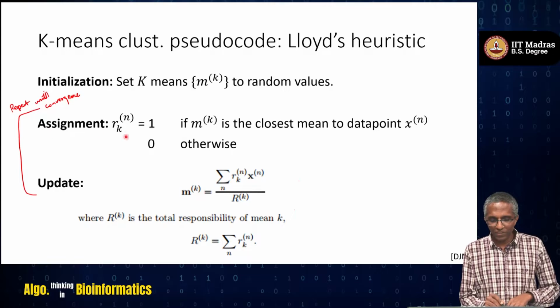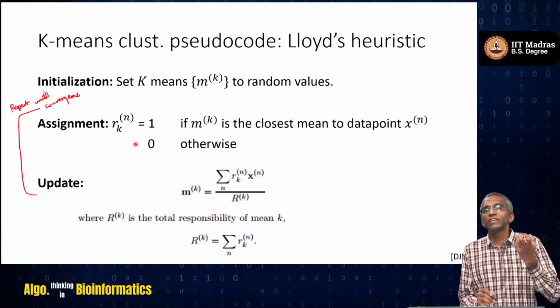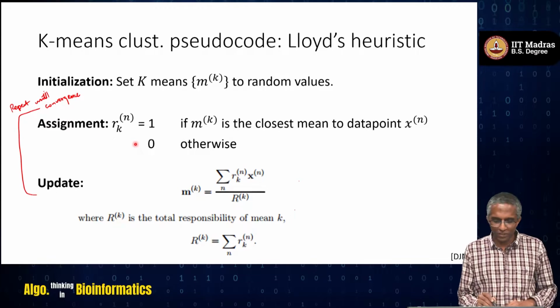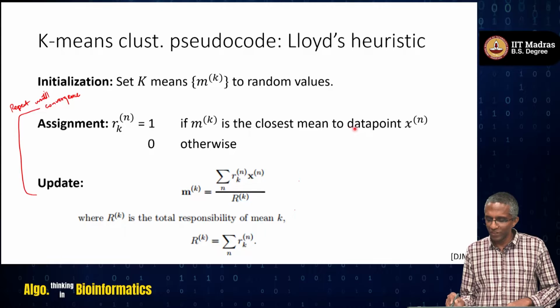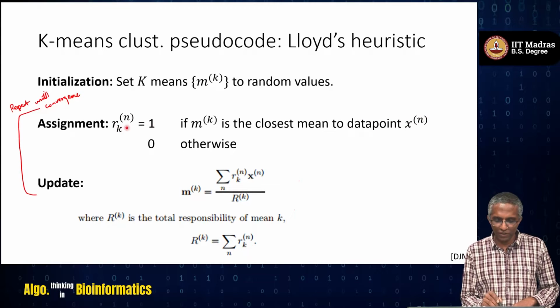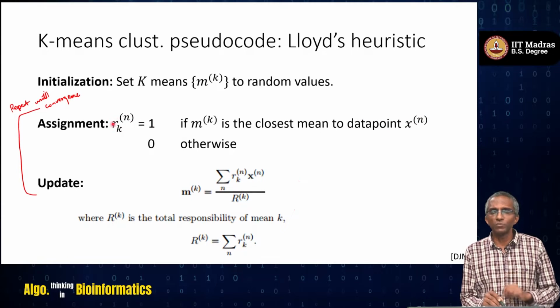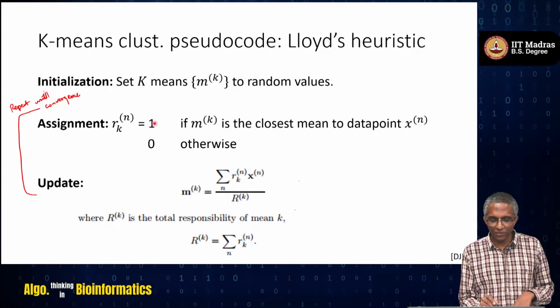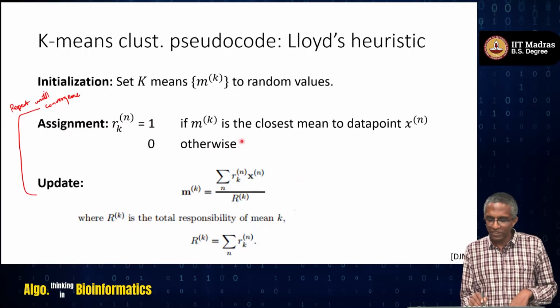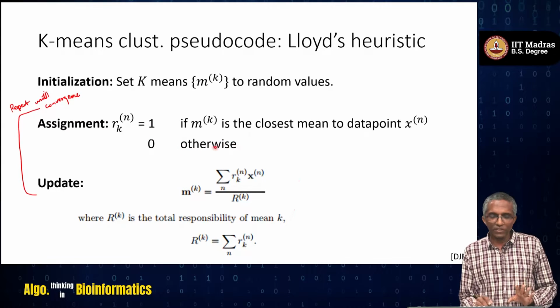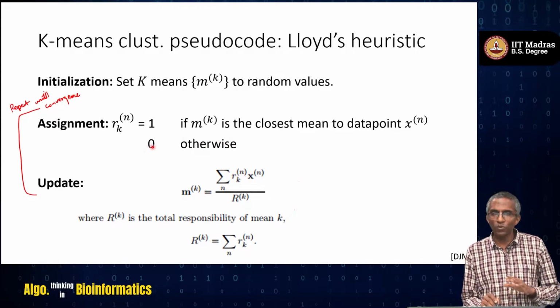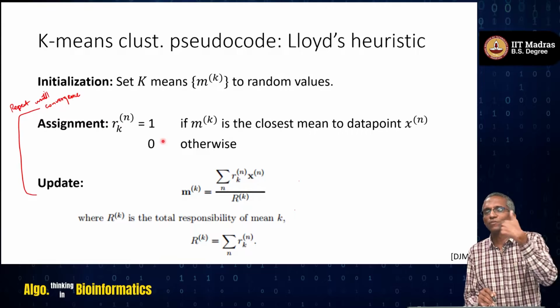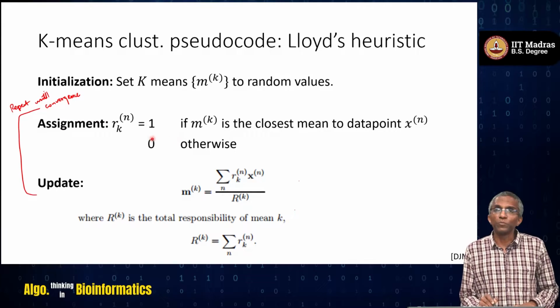So, you have the assignment step, which is you are assigning a data point to the nearest center. Okay. So, if m of k is the closest mean to data point x of n, then r k of n, this is called the responsibility of k for the data point n. So, k is being held responsible for data point n, and then it is set to 1. But all other centers that are not the closest mean do not take responsibility for this data point n.